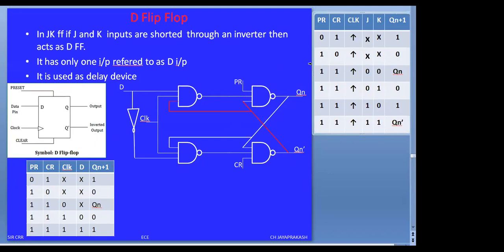See here, in the JK flip-flop, if the J and K inputs are connected through an inverter, it is acting like a D flip-flop.